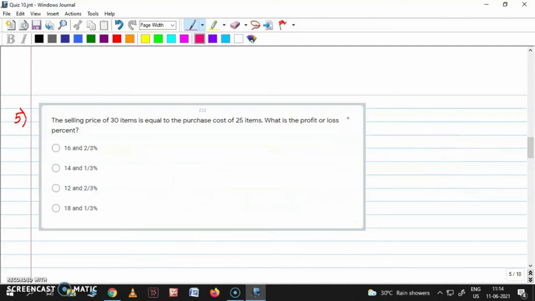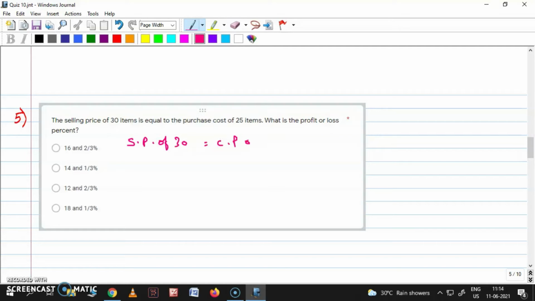The selling price of 30 articles is equal to the purchase cost of 25 articles. So what is the profit or loss percentage? It's very simple. The selling price of 30 articles is equal to the cost price of 25 articles.